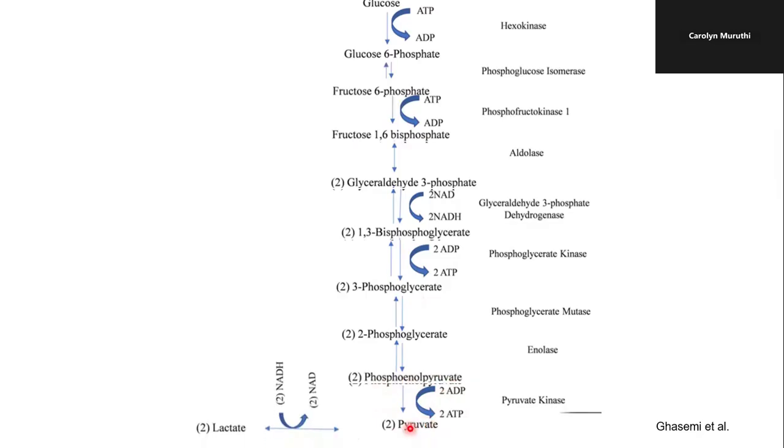Pyruvate is then converted to lactate by the action of lactate dehydrogenase, producing NAD+, which is then reused in glycolysis. So having seen how glycolysis takes place in the erythrocytes, we then ask ourselves, how is ATP utilized in these cells?